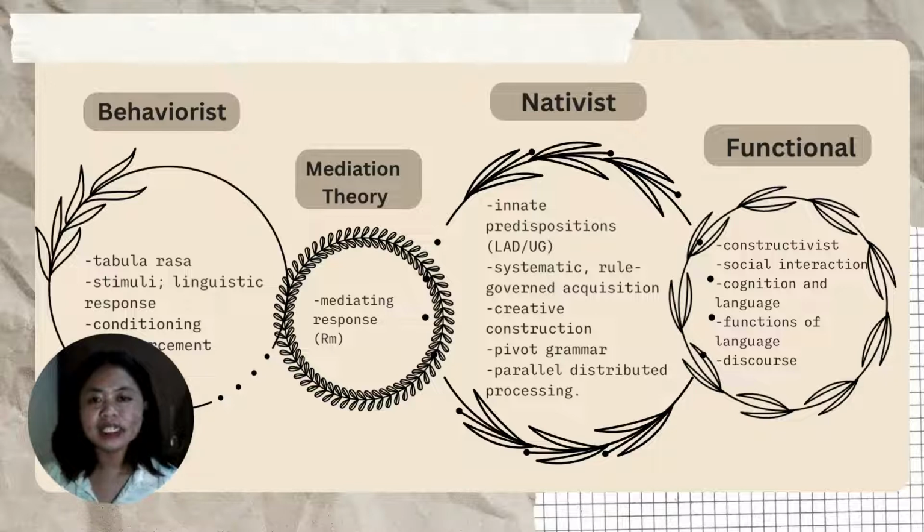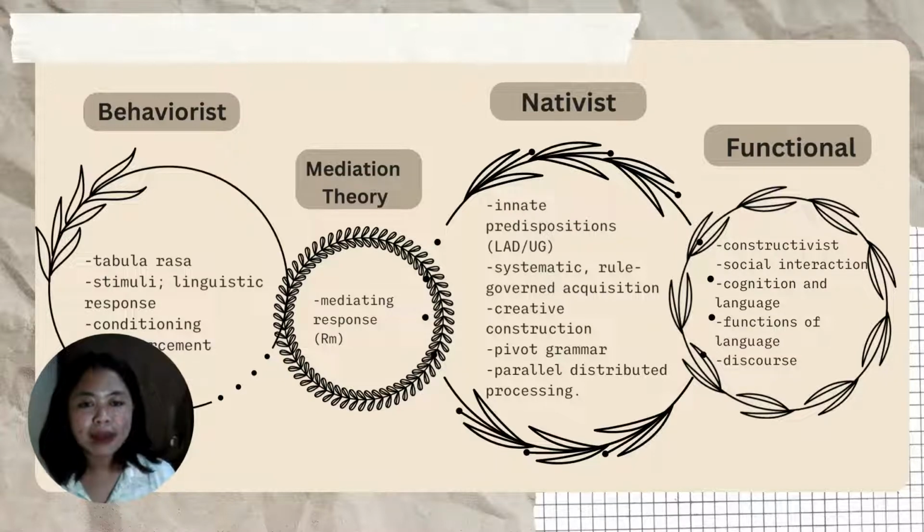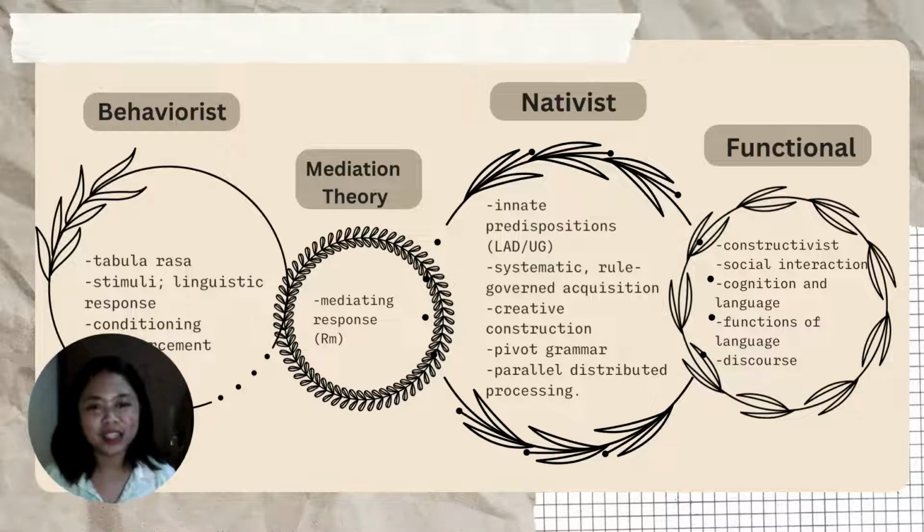Under the nativist, we have innate predisposition or LAD, UG, and systematic rule government, acquisition, creative construction, pivot grammar, and parallel distributed processing. And for the functional, we have constructivist, social interaction, cognition and language, functions of language, and discourse.